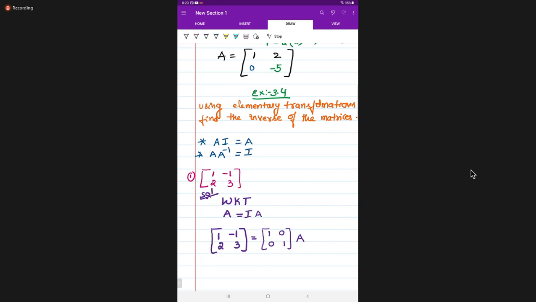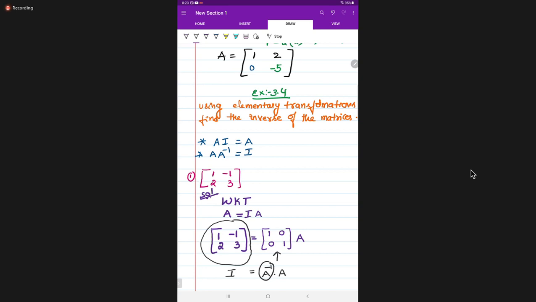Here we want to find A inverse. When you get A inverse, this matrix is the identity matrix, capital I. So in place of the identity matrix, here we have to find A inverse into A.